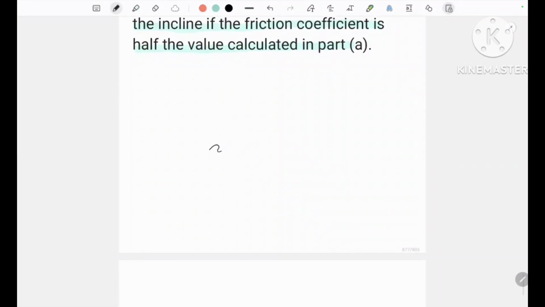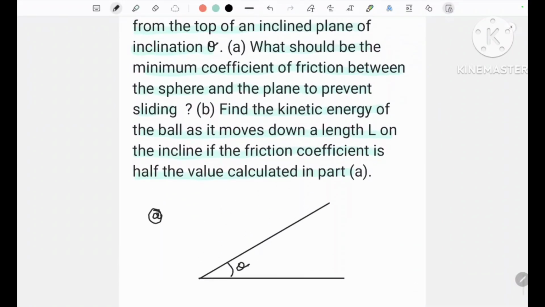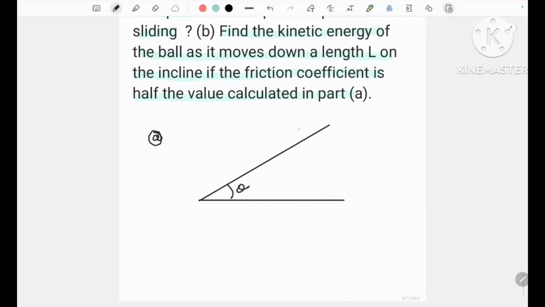An inclined plane, angle of inclination is theta, with part A. Hollow sphere.